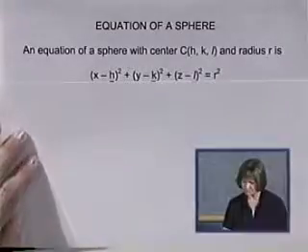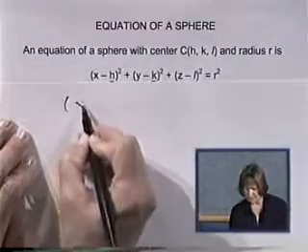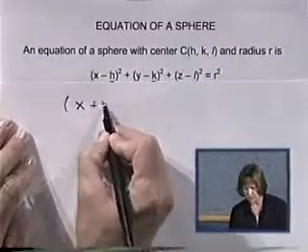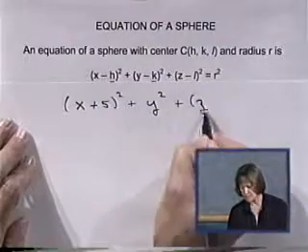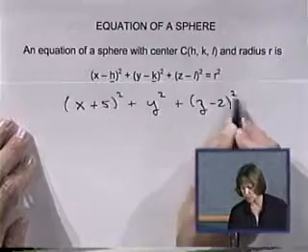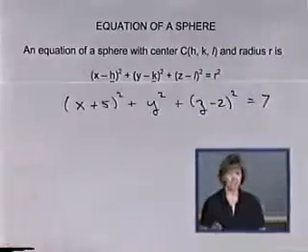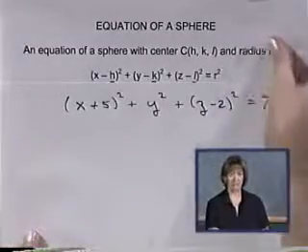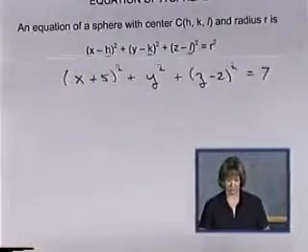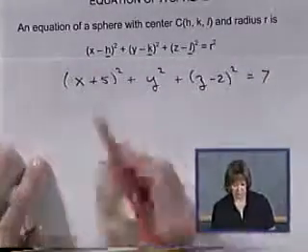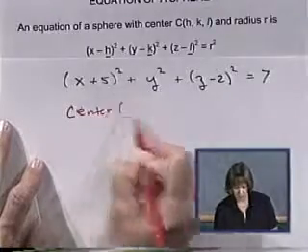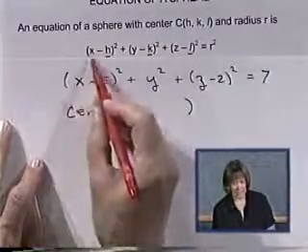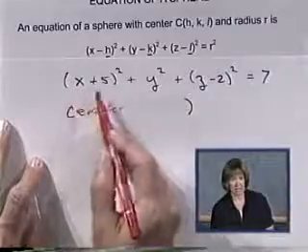Okay, let's try one more. What if I gave you (x plus 5) squared plus y squared plus (z minus 2) squared equals 7. What if I have that for my equation for my sphere? What would the center of that sphere be? It's x minus h, but I have x plus 5.